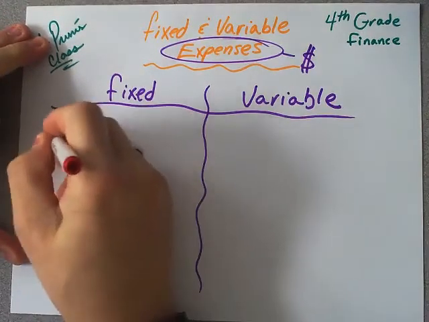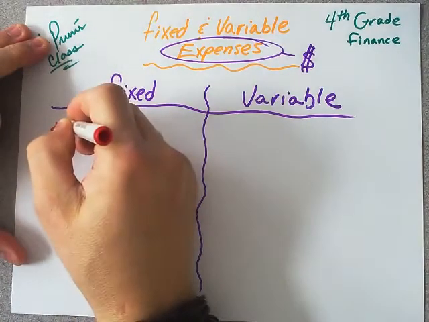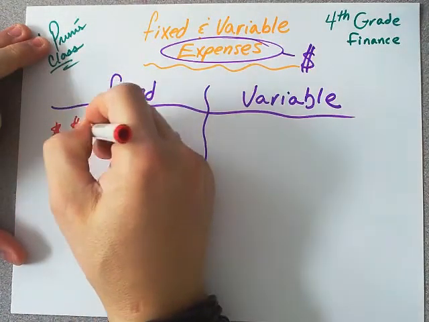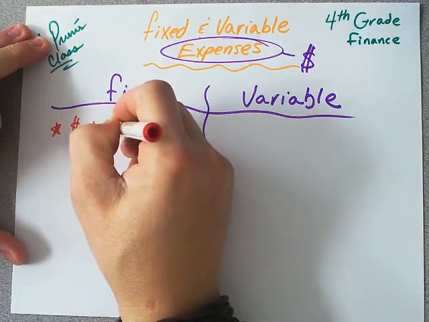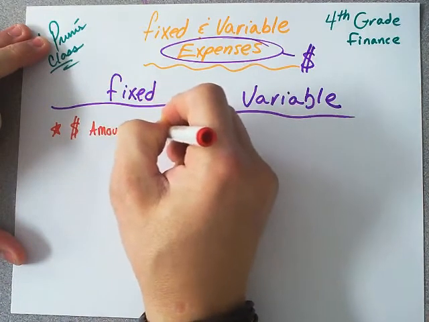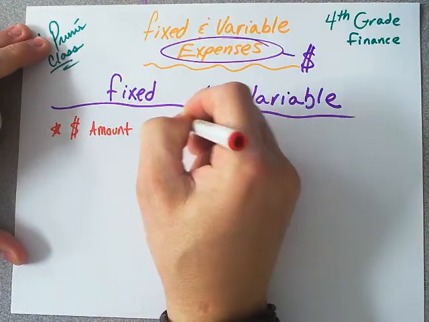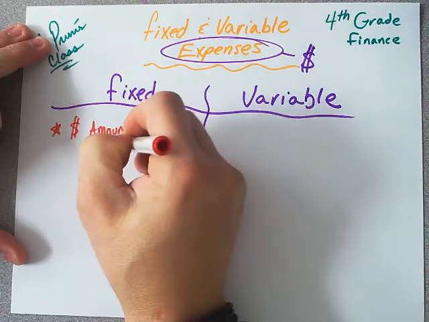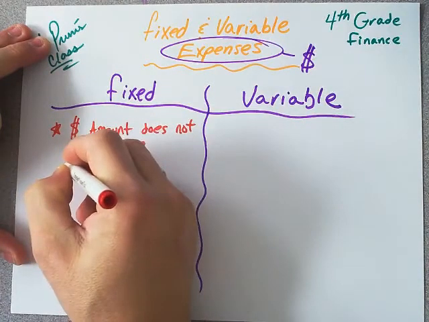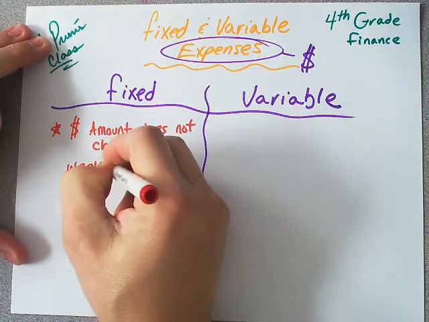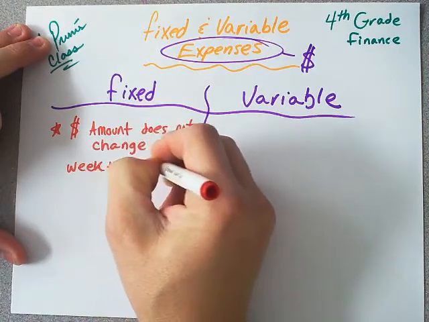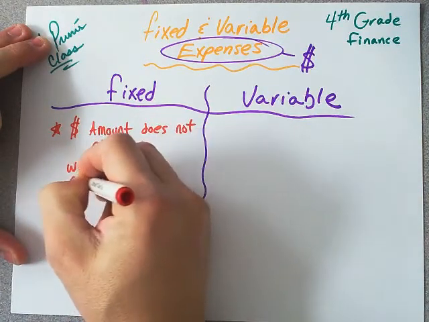Fixed pretty much just means that the money amount does not change. Does not change. And this could either be from week to week, month to month, and so on.